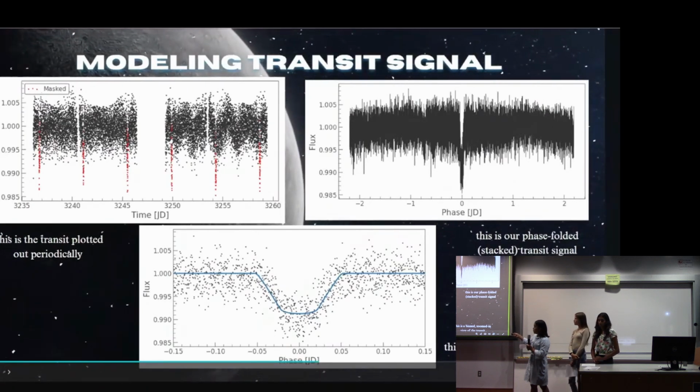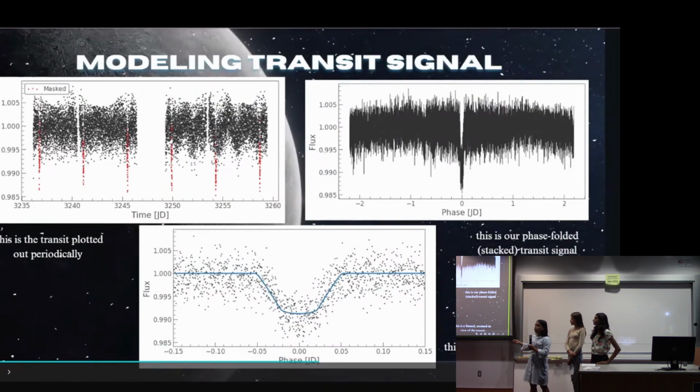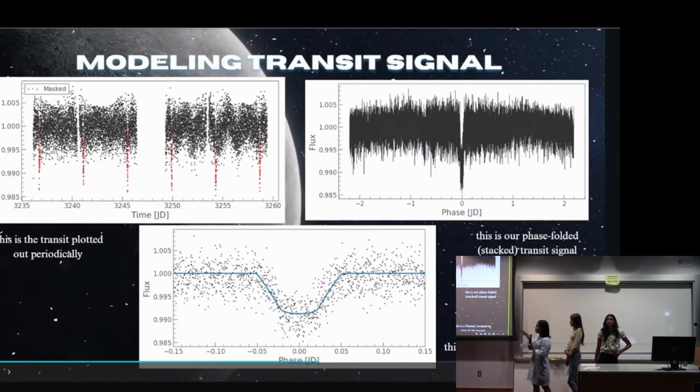Now this is good and all, but to get a clear view of the exoplanet, we can fold this on top of each other to create this transit signal right here. And with this transit signal, you can learn a lot about the exoplanet. For example, as you can see, the dip is really big, meaning the exoplanet is also really, really big.